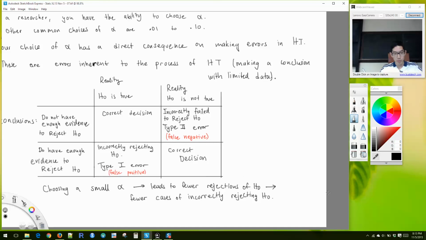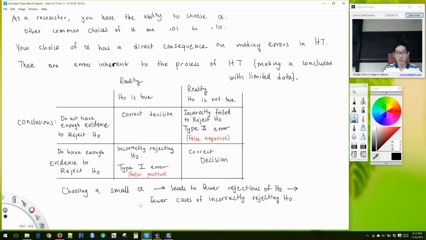And it turns out that the probability of a type 1 error is equal to alpha itself. So if alpha is 1%, we're going to make a type 1 error 1% of the time, because our p-value ends up being less than 1% of the time.